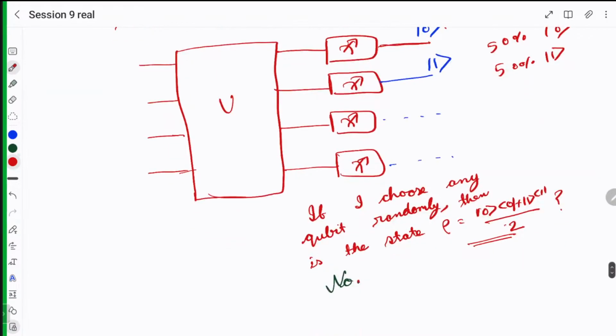So the reason it is no is because we know which qubit is in which state.